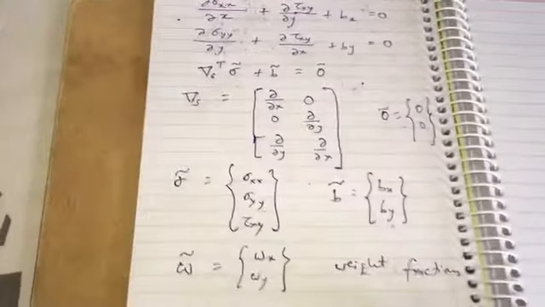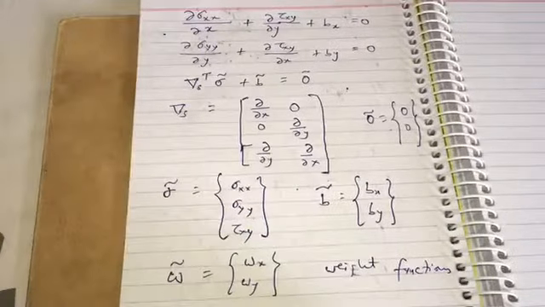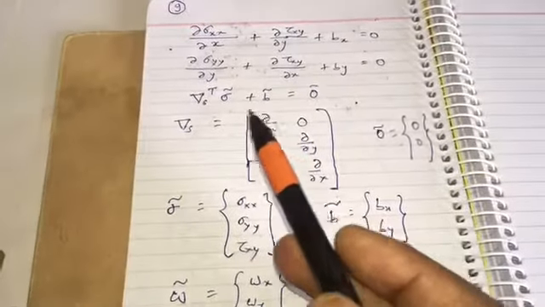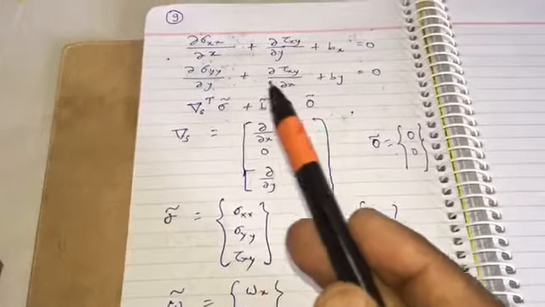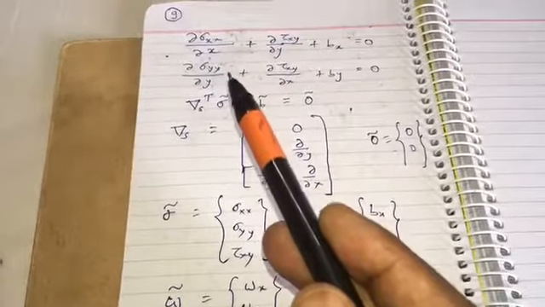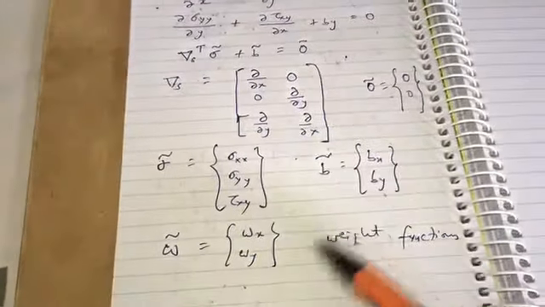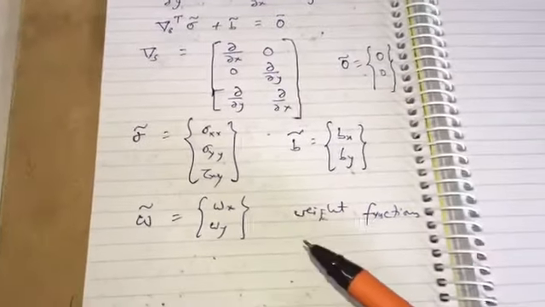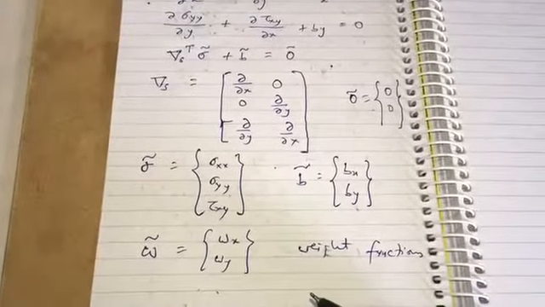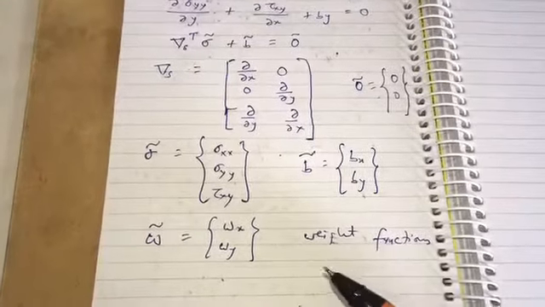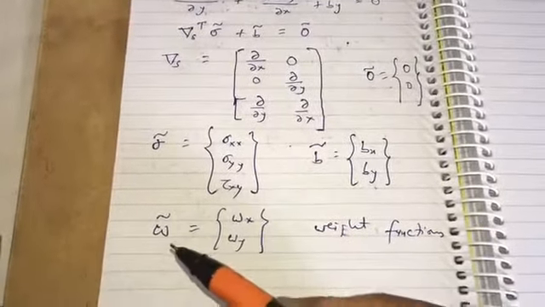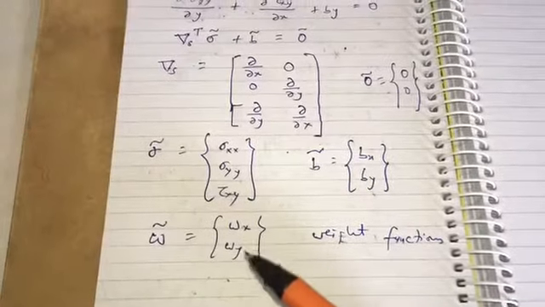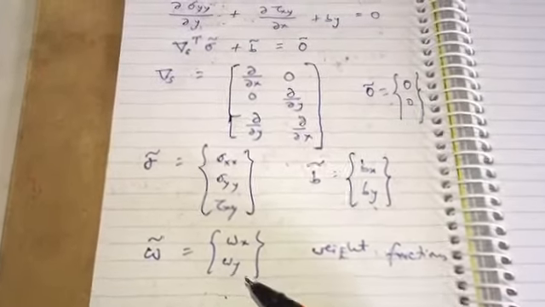Since this is a vector field problem, the u, which is the variable that sigma is a function of, is a vector. So the corresponding weight function will also be a vector. Hence w vector has two components, one in x direction, one in y direction.